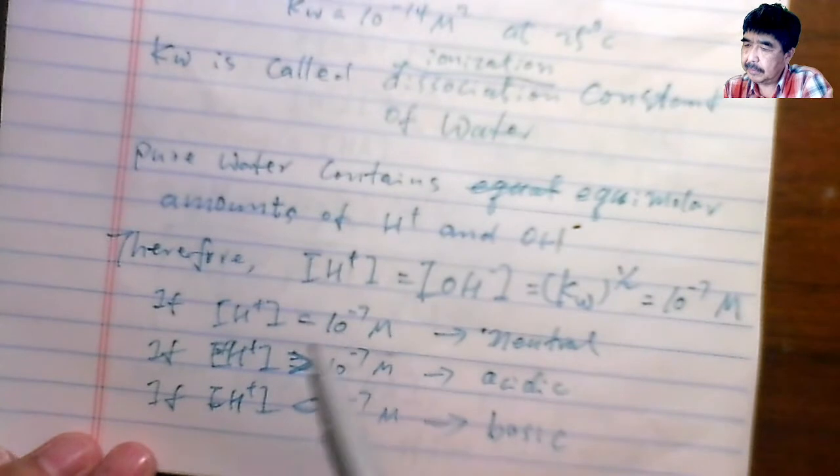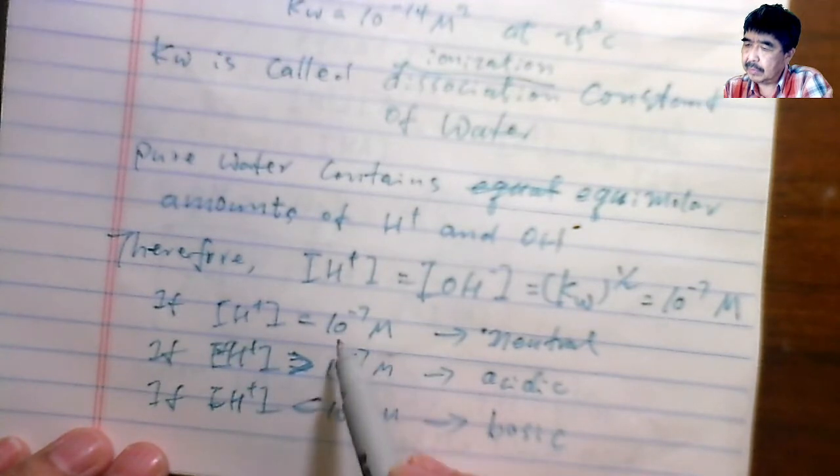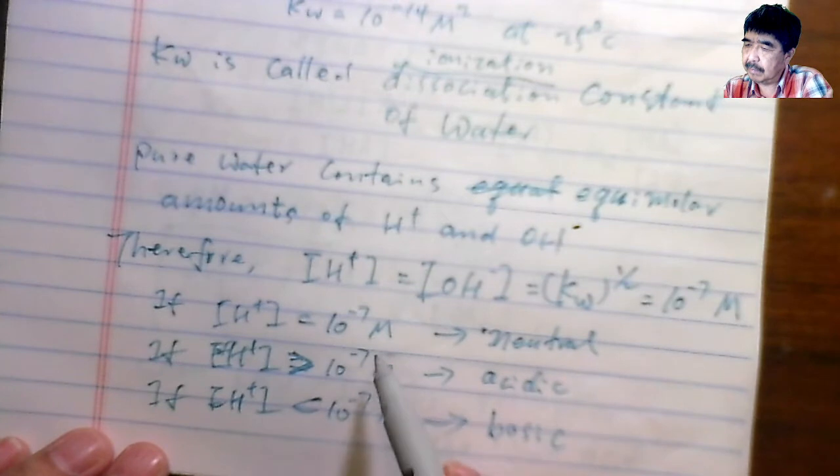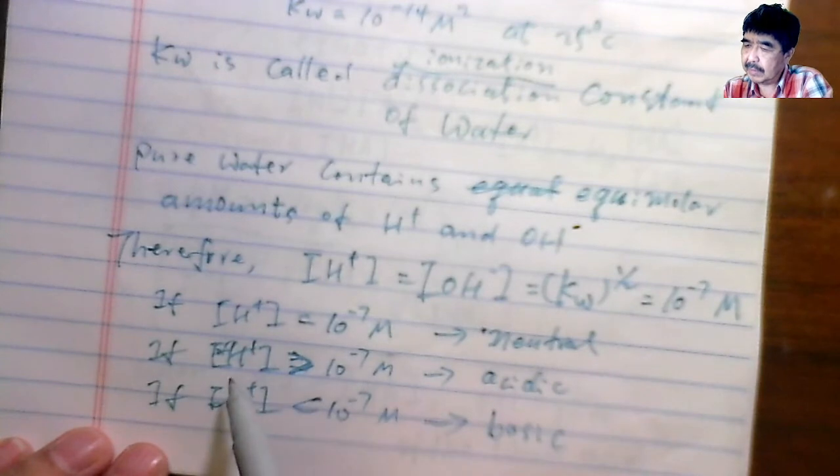So let's take a look at this. If the concentration of proton equals 10 to the minus 7 molar, it's neutral. If the concentration of proton is larger than 10 to the minus 7 molar, it's acidic.